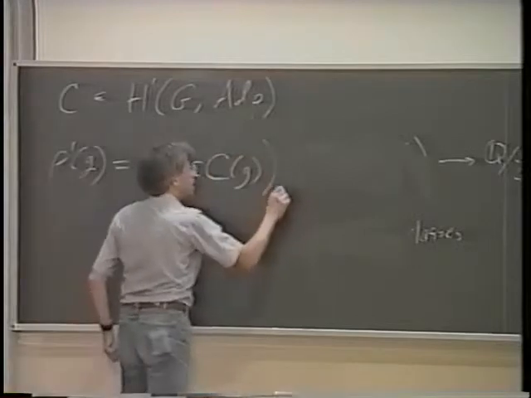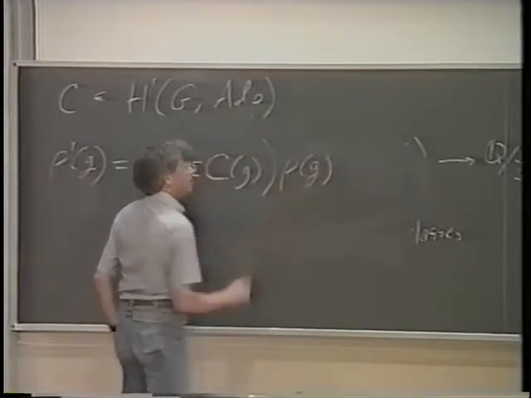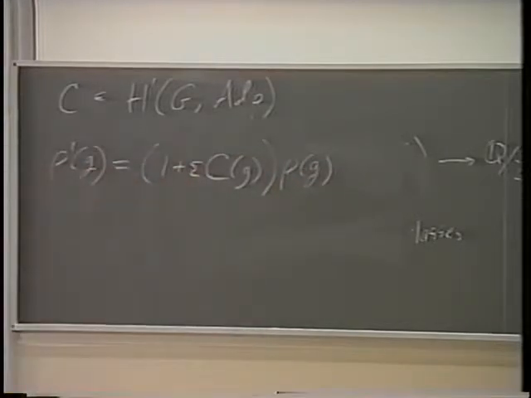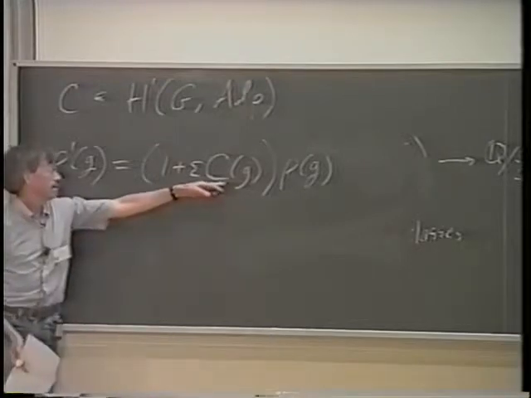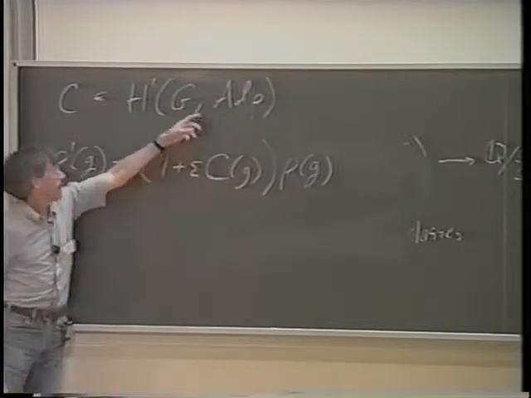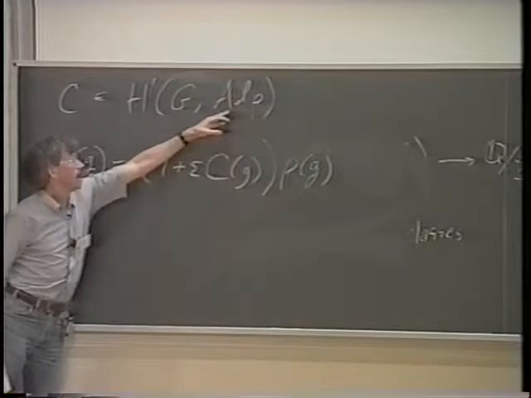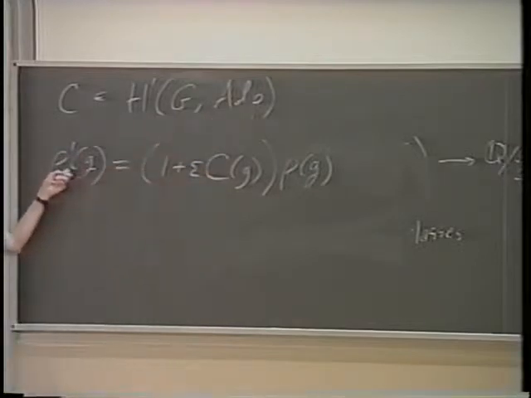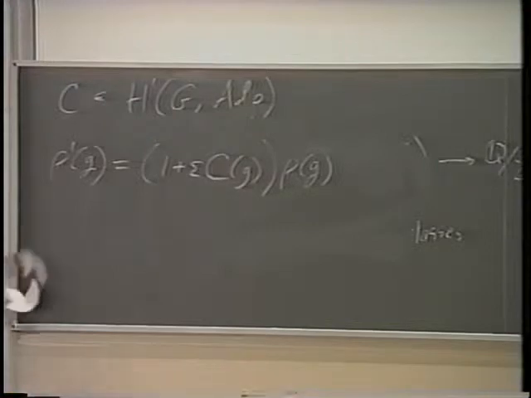So we do this, and then multiply times rho of G. And it's the fact that this is a cocycle with the usual action on add rho that actually makes rho prime a homomorphism. Okay, so this means if you have a cohomology class, you get an infinitesimal deformation.